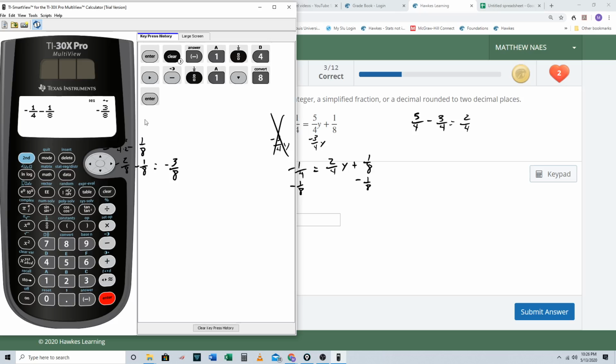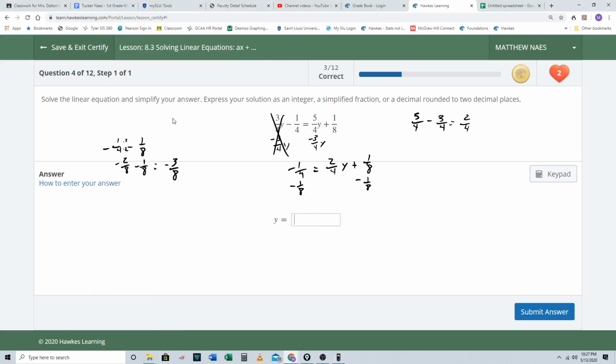Okay, so feel free to use your calculator. Don't waste your time trying to figure out fractions. It's not a big deal at this point. You have calculators, use them. So we have negative 3 over 8 equals 2 over 4y.